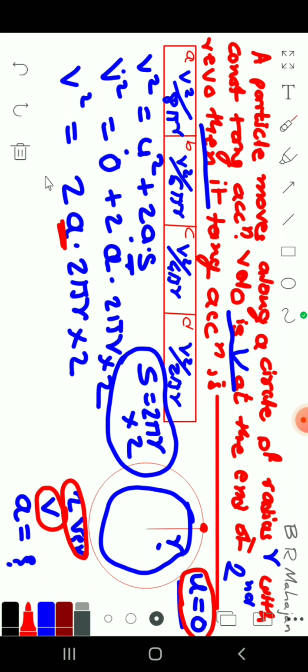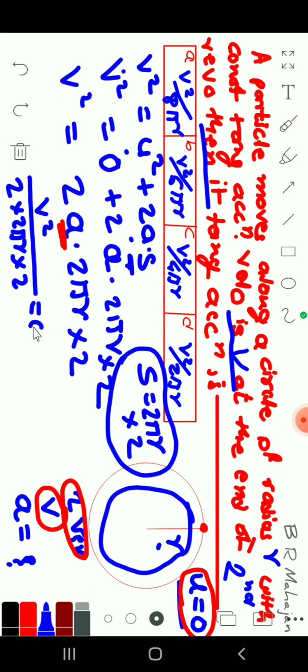Transferring all these terms to the other side, our expression for a will be like this: v square upon this 2, this twice pi r, again that 2, it will become a.